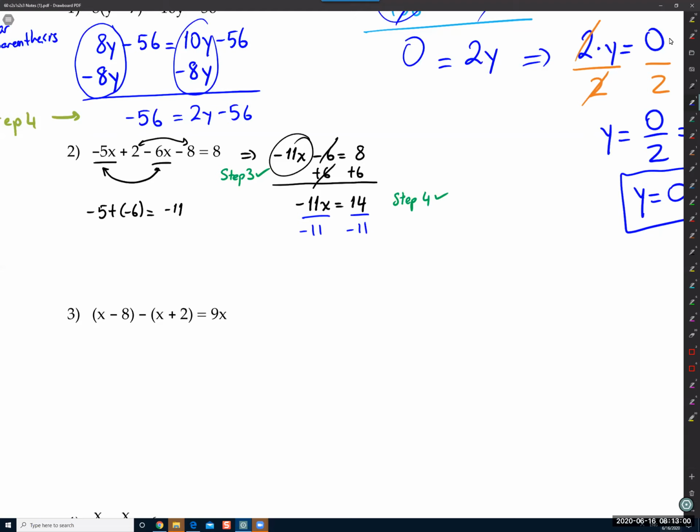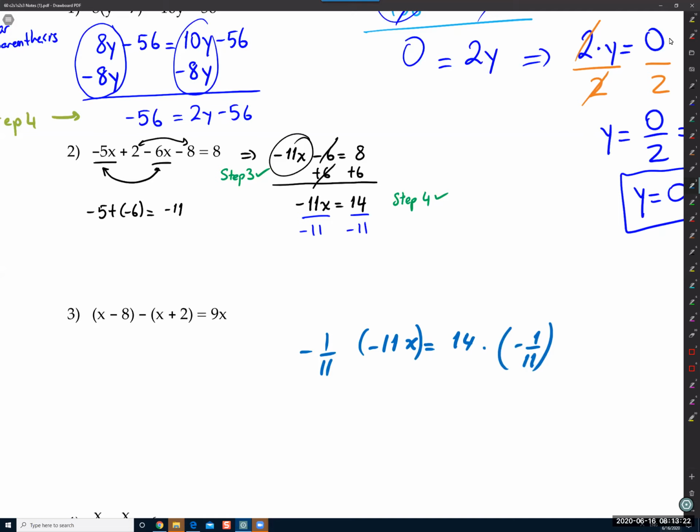So there's no such thing as a division because every division is technically a multiplication. So let me show you in slow motion. You don't have to write it down. This is -11x is equal to 14. I am multiplying both sides by -1/11, mathematically speaking.